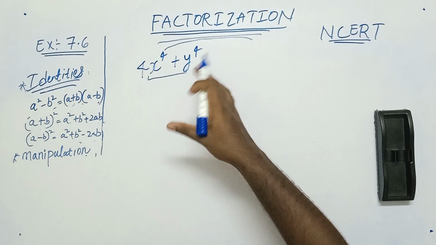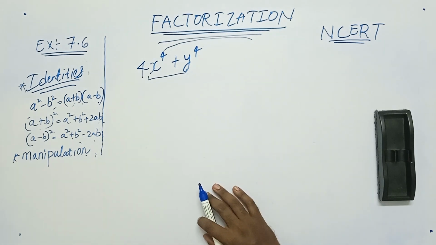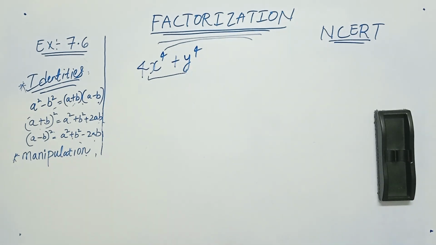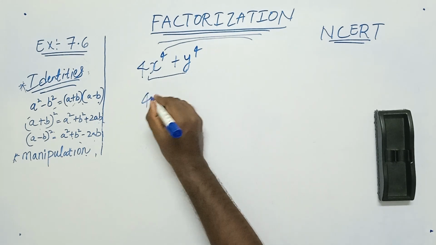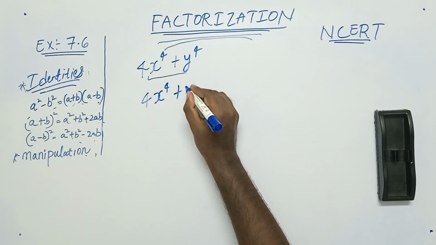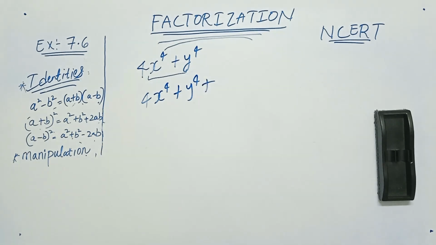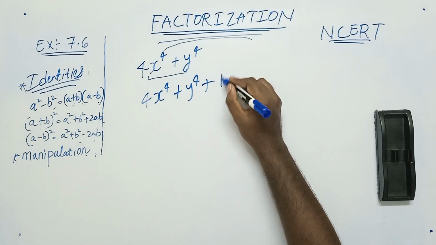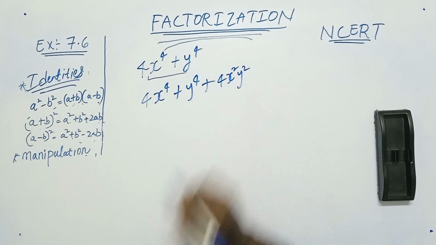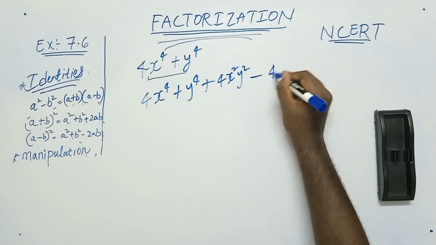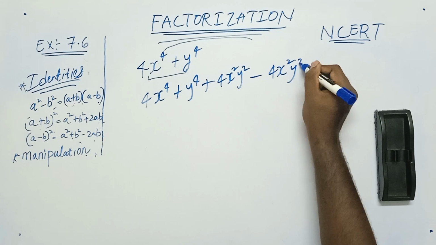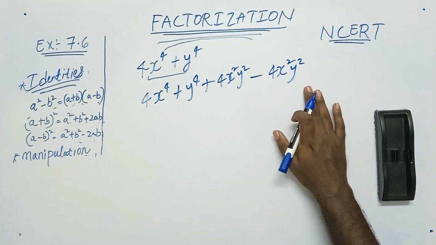So how can we deal with such kind of problems? If I write 4x power 4 plus y power 4 and use manipulation, that means I add 4x square y square and subtract 4x square y square, the value doesn't change.